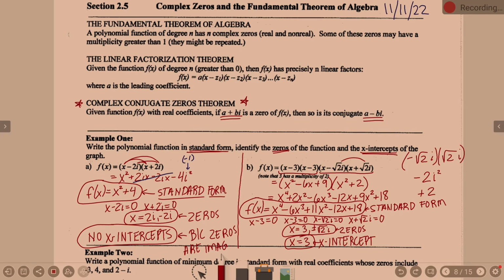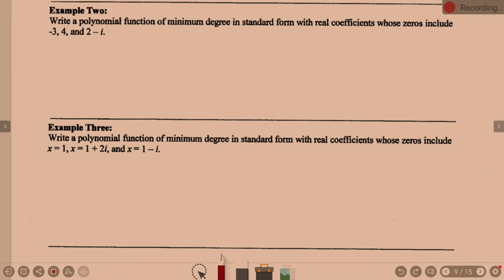Now, I told you guys to enjoy that standard form, right? So that's the easy peasy stuff. We've done a little bit with this standard form previously. We did a little bit last lesson, lesson 2.4 and 2.3 of multiplying stuff out. So look at example 2 with me.